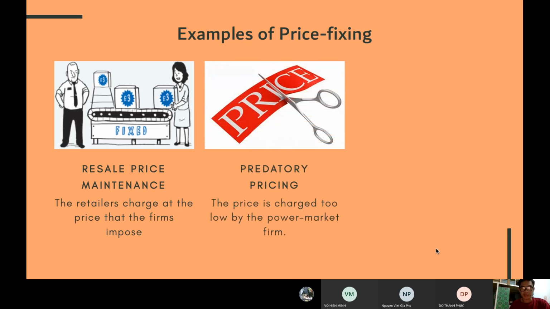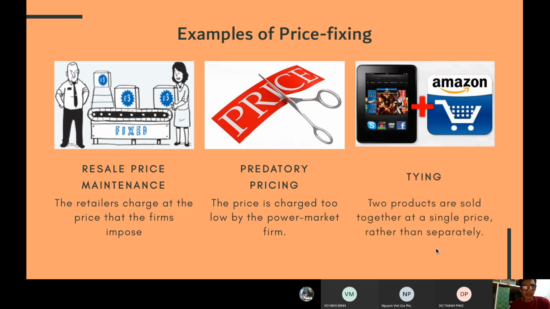The next one is predatory pricing. It means that firms with market power charge prices that are too low, and normally the economists claim that it rarely happens, and if ever, it is a profitable business strategy. And the last one is tying. The firms produce two goods and sell them together at a single price rather than separately.